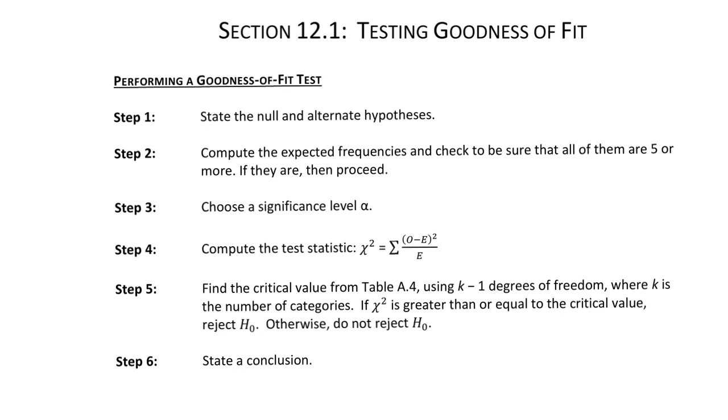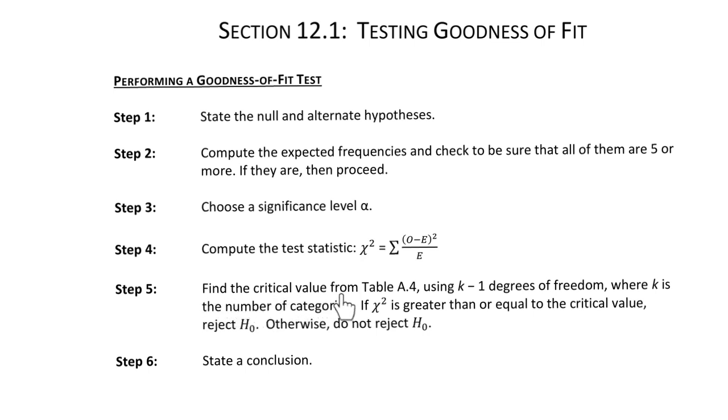Now let's look at the procedure for performing a goodness of fit test. So first, state the null and alternate hypothesis. Compute the expected frequencies and check to make sure that all of them are 5 or more. If they are, then you can proceed. Choose a significance level alpha and compute the test statistic.